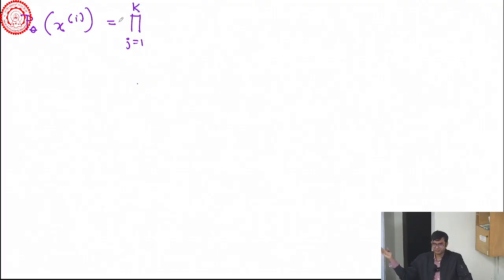I think k was 784 last time, right? So k is the number of features, the number of pixels, 784, 28 cross 28. So this is equal to p theta j.